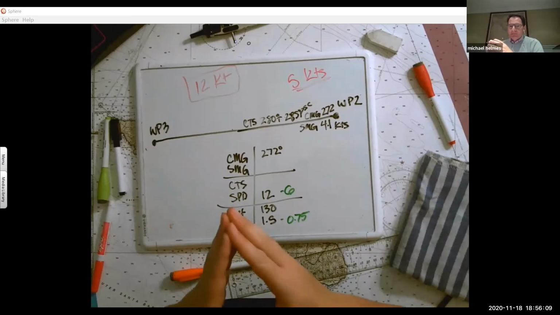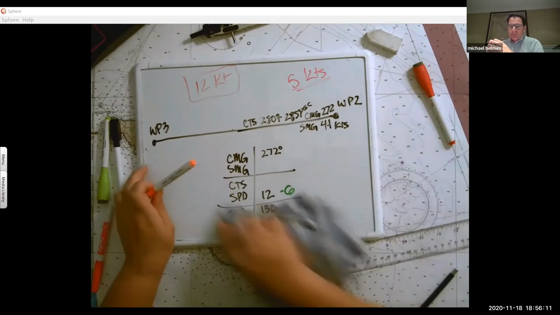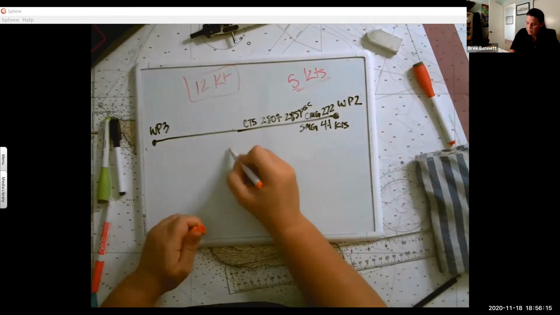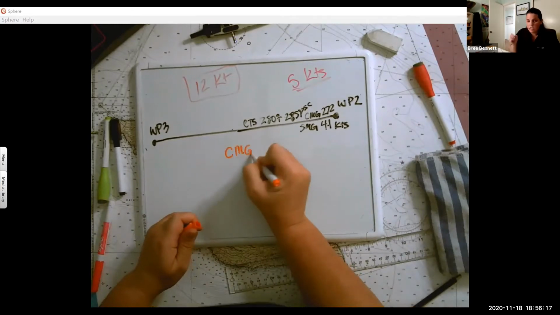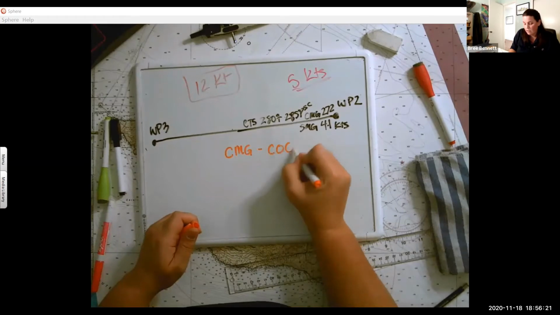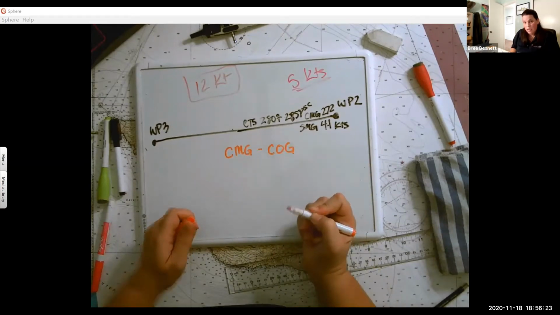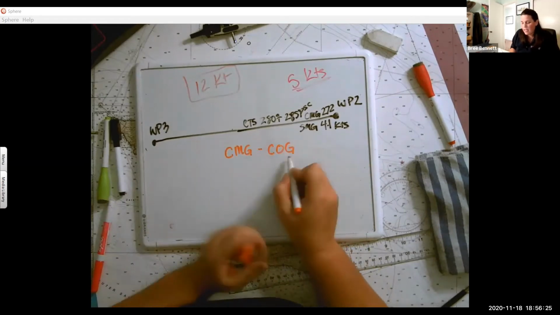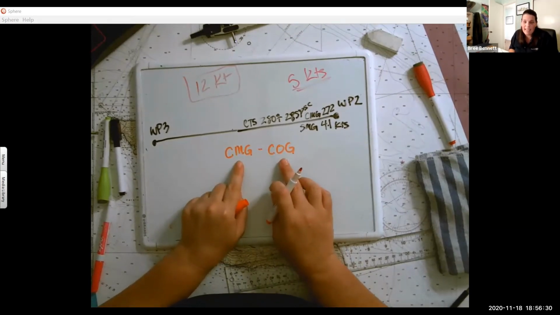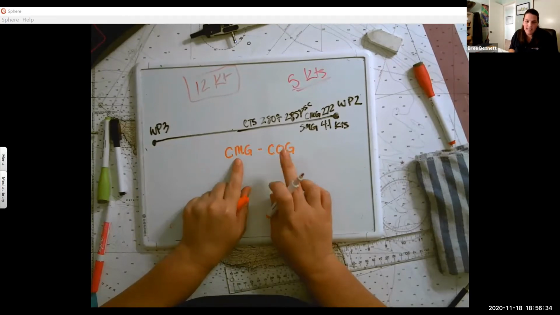Right? Understand. So when we look at those terms, we have course made good, which is also interchangeable. Some people like to use course over ground. And it kind of depends on what your tool on board has. Does your GPS say CMG or COG?